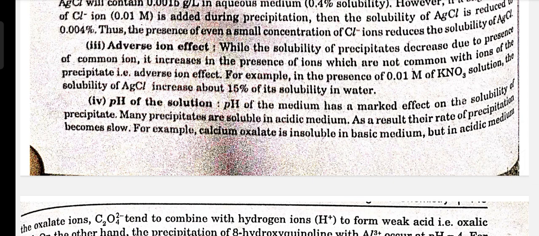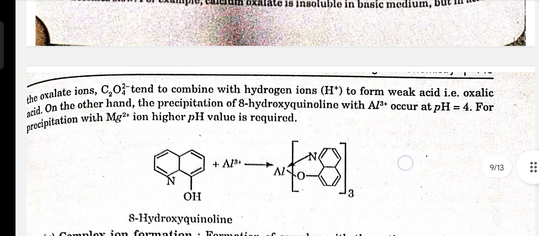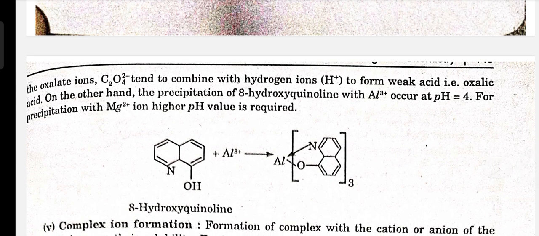For example, calcium oxalate is insoluble in basic medium but soluble in acidic medium. The oxalate ion tends to combine with hydrogen ion to form a weak acid, that is oxalic acid. On the other hand, the precipitation of 8-hydroxyquinoline with Al3+ occurs at pH 4. For precipitation with Mg2+ ion, a higher pH value is required.